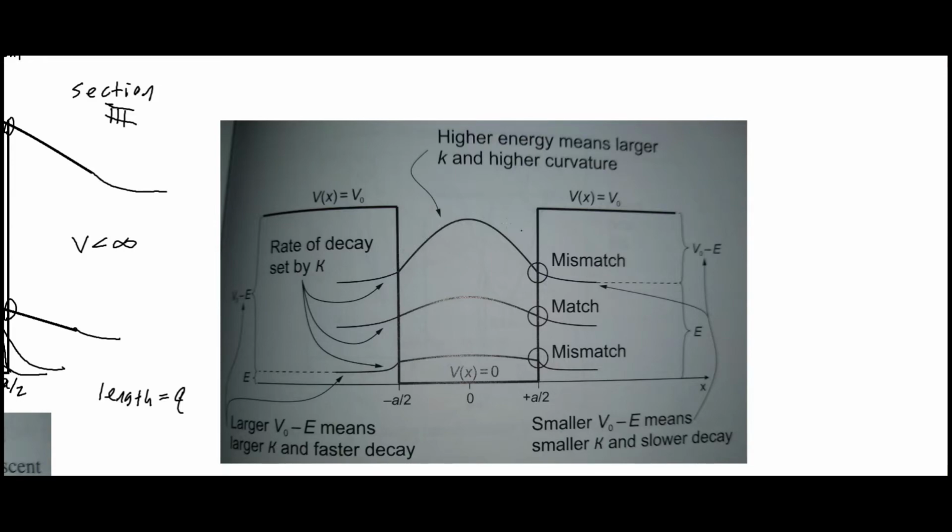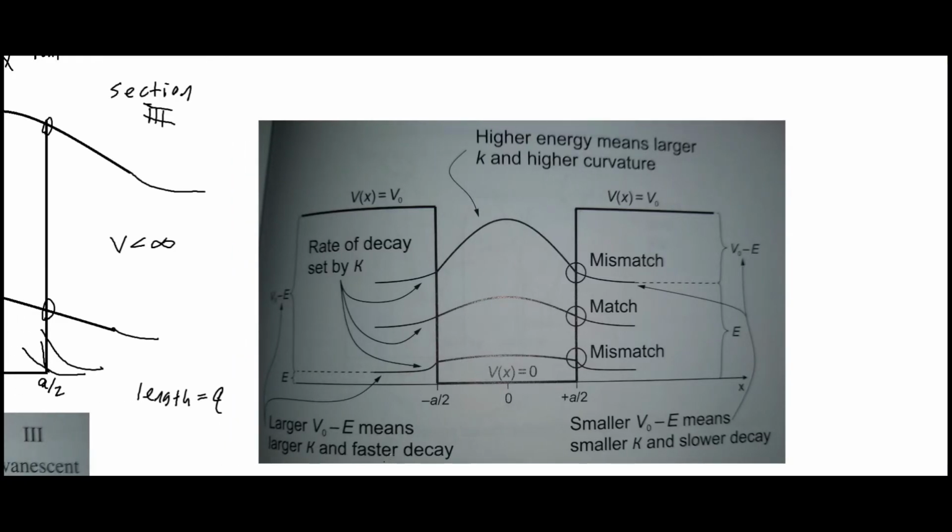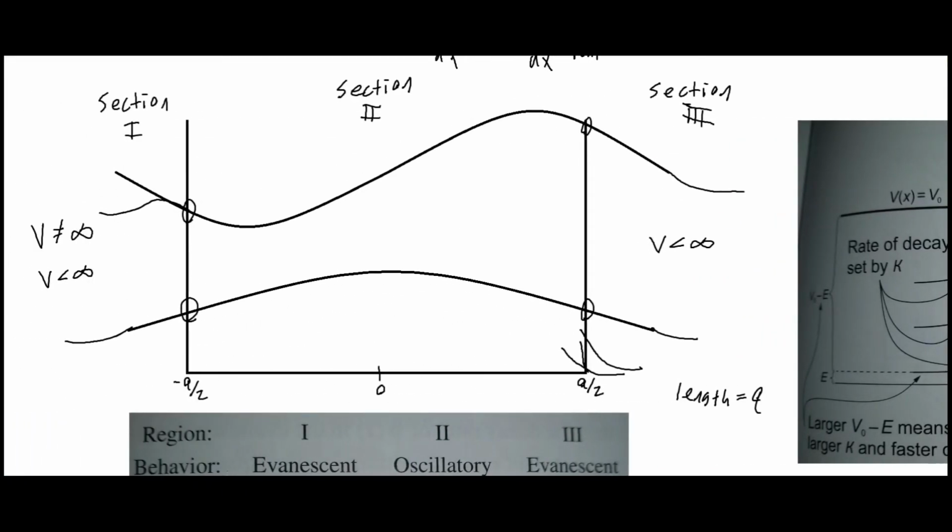If we have too much energy in the k, then we have this high curvature, and we end up having these discontinuities or mismatches here. Or the larger V naught minus E means larger kappa here. So this is essentially just showing that we need this match at the boundaries, and that's what our equation is trying to do.